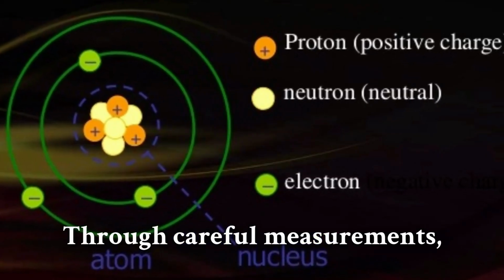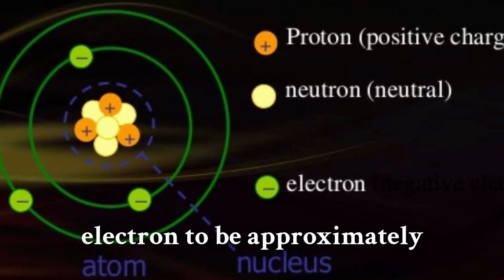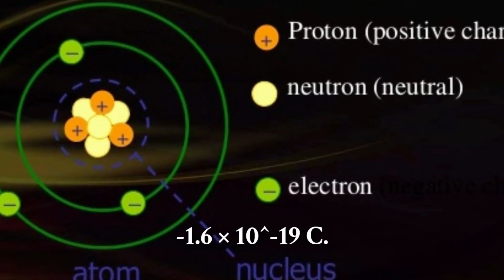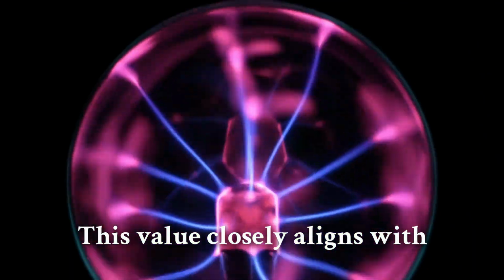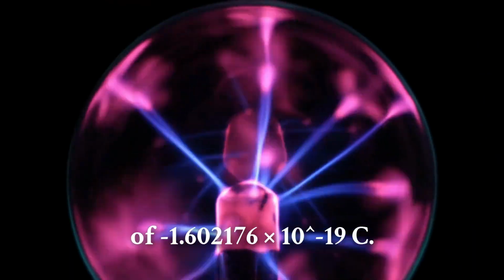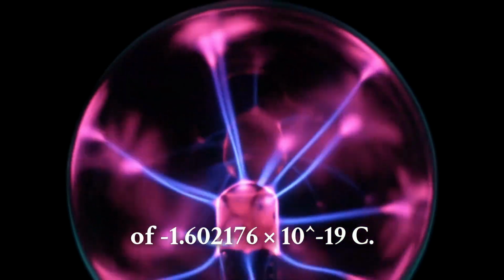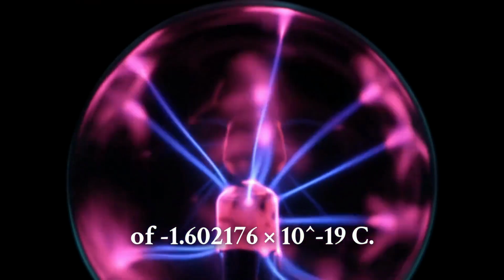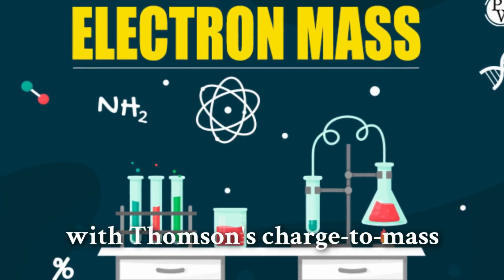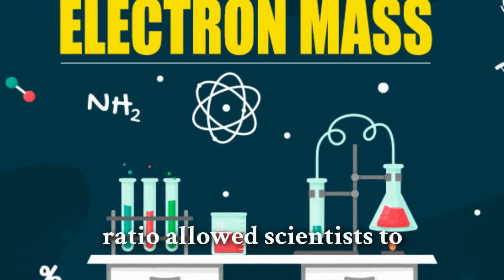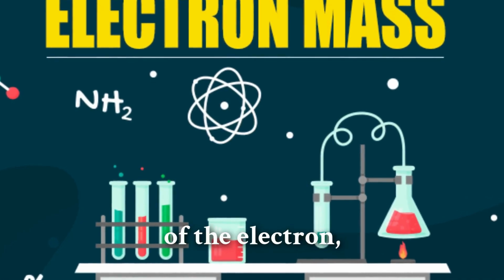Through careful measurements, he found the charge on the electron to be approximately 1.6 × 10^-19 C. This value closely aligns with the currently accepted charge of 1.602176 × 10^-19 C.